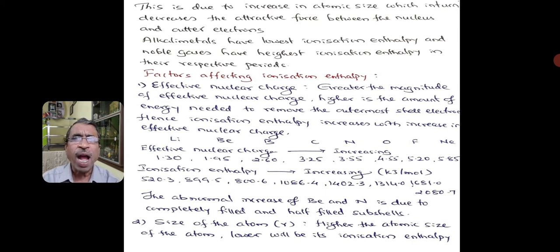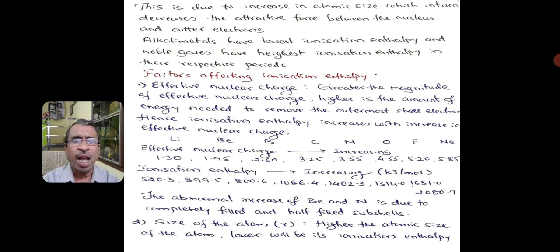Coming to the factors affecting ionization enthalpy. The first one, effective nuclear charge. Greater the magnitude of effective nuclear charge, higher is the amount of energy needed to remove the outermost shell electron. Hence, ionization enthalpy increases with increase in effective nuclear charge.